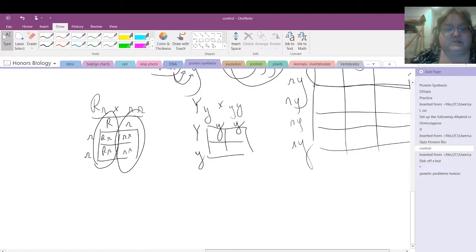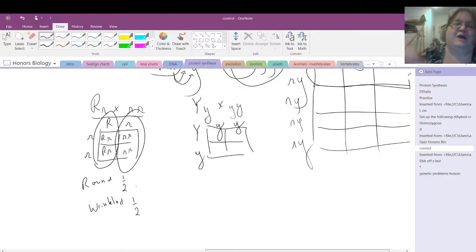So let's go ahead and do this. What's the chance of getting round? The chance of getting round is 1/2. What's the chance of getting wrinkled? 1/2. Technically 2/4. I think you can handle reducing that. Over here, what's the chance of getting yellow?